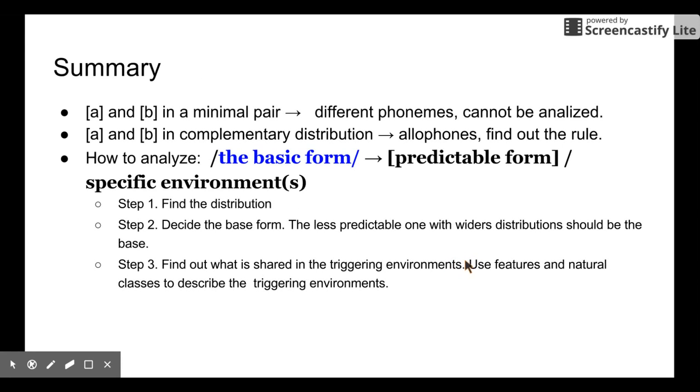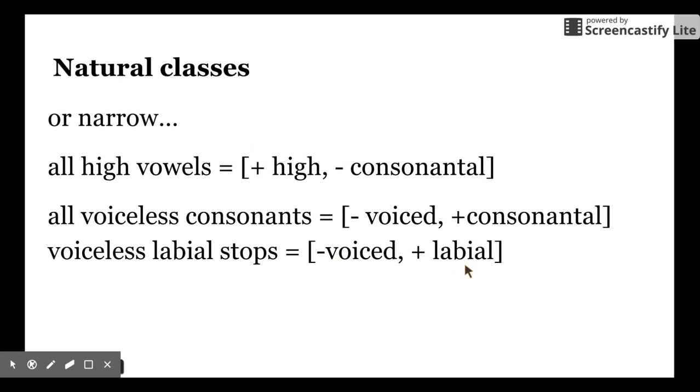Okay, I think we have a typo here, and I have to have another feature. Okay, let me do this again.